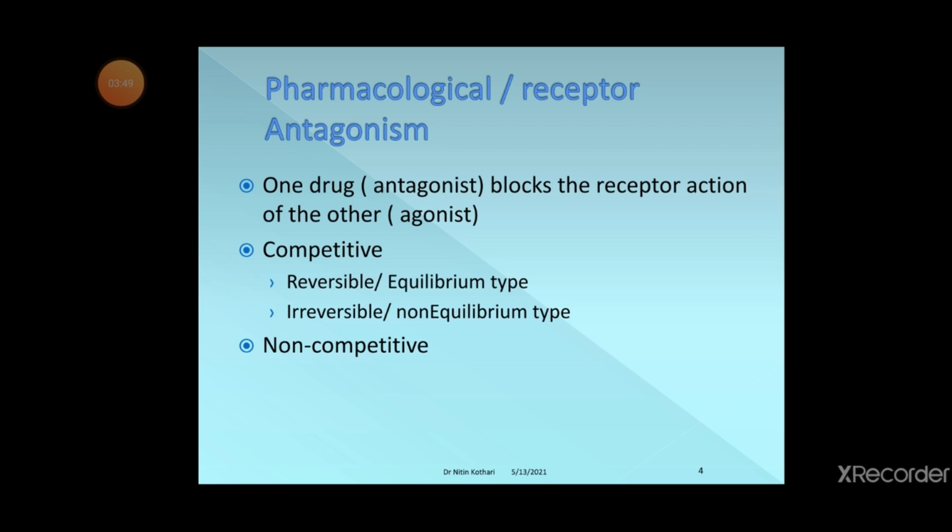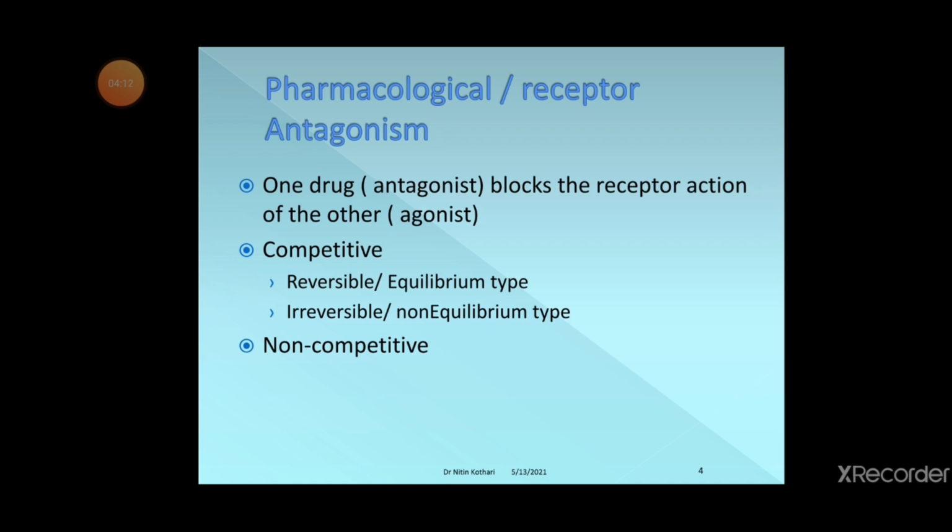First one is reversible type, or second one is irreversible type. When the binding between antagonist and receptor is reversible, it is reversible antagonism, also called equilibrium antagonism.